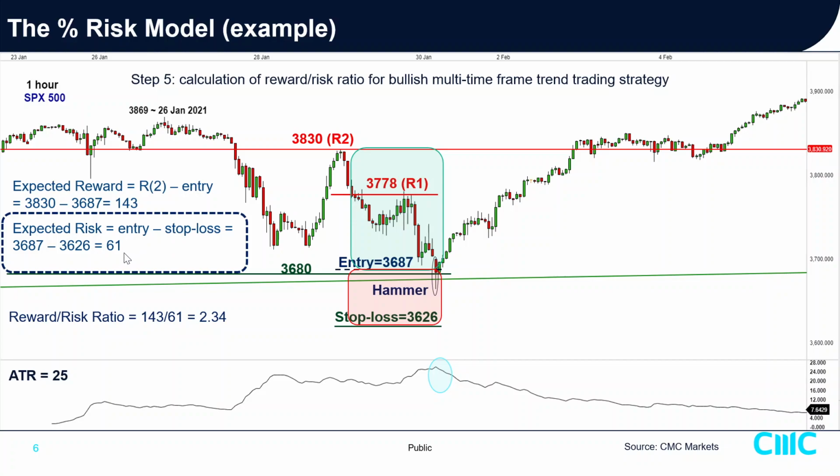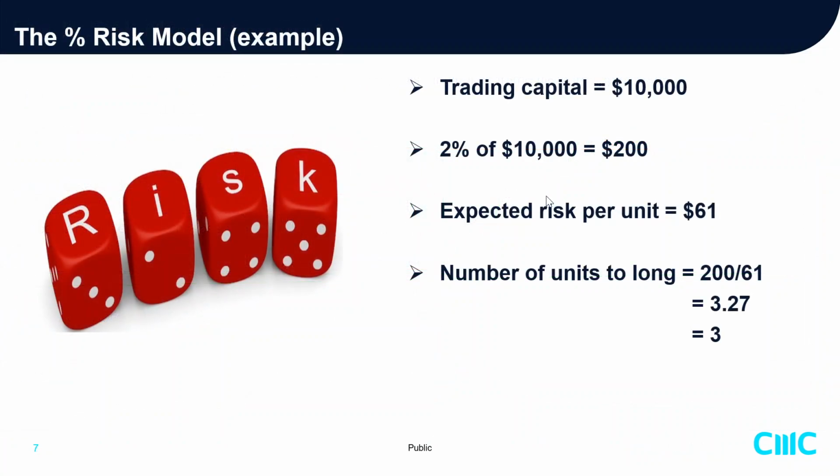I'm assuming now 1 point equals $1 on the SPX 500. That means my risk over here is 61 points, which is equal to $61, if I were to go long one SPX 500 unit. So based on this 61 points of expected risk, I'm able to calculate the number of units to go long.